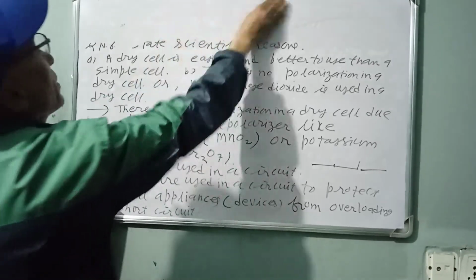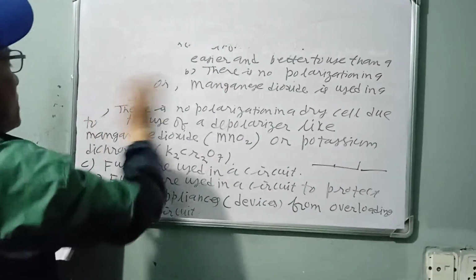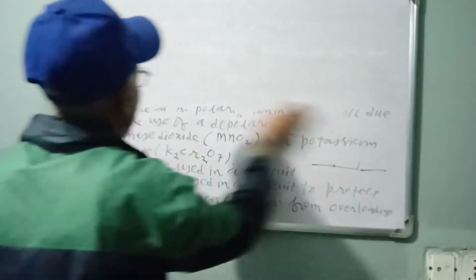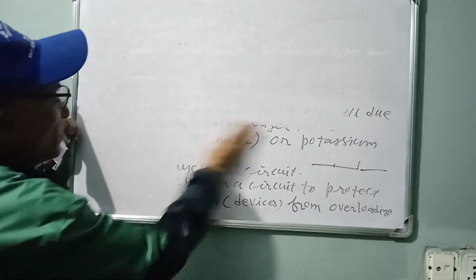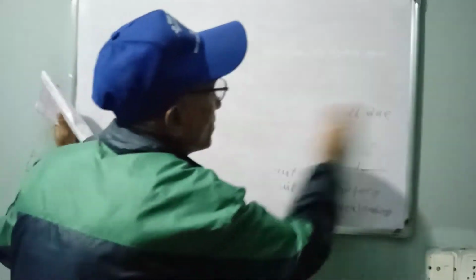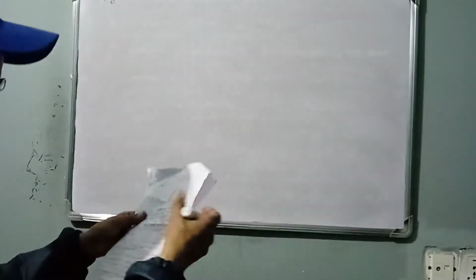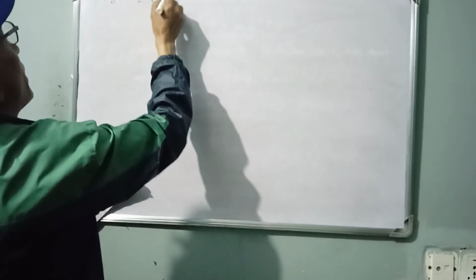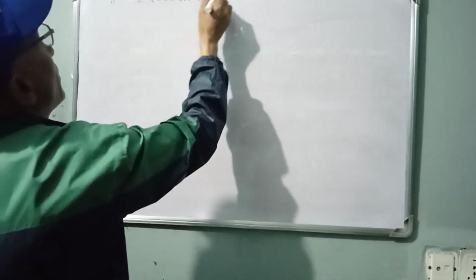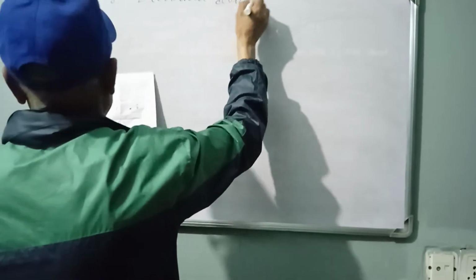6 ABC, the next one is 6D. Question number 6D is as follows. Electrical appliances are connected in parallel. See, electrical devices.